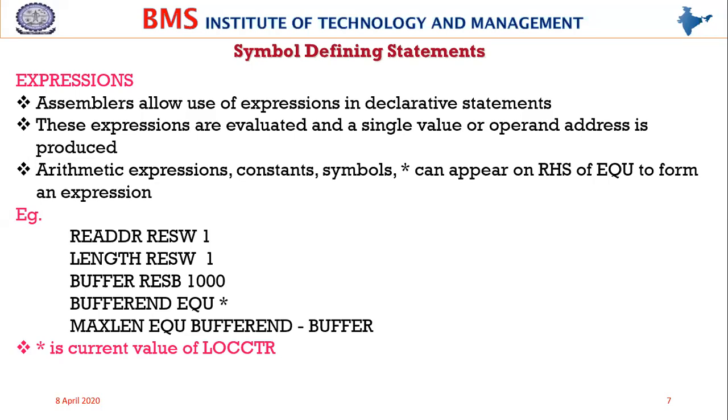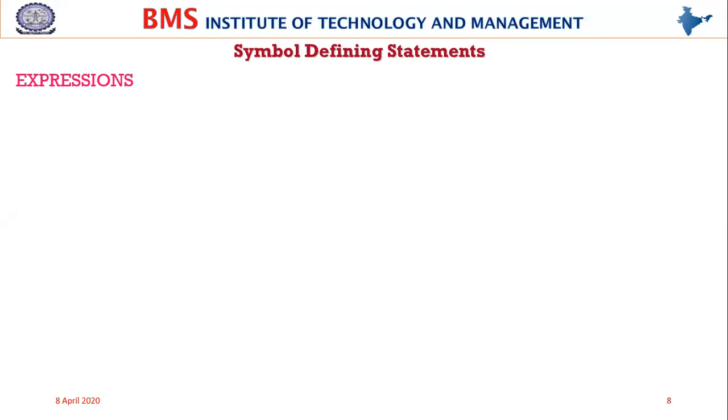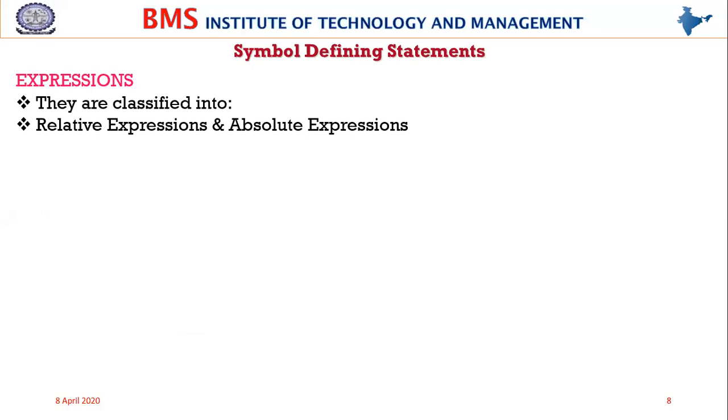We shall have a discussion on this. Expressions are classified into 2 categories: they can be either relative expressions or absolute expressions. An absolute expression, after evaluation, gives you a value.